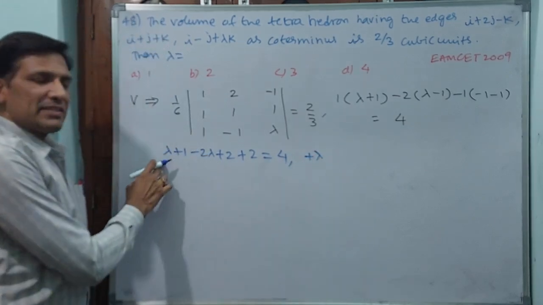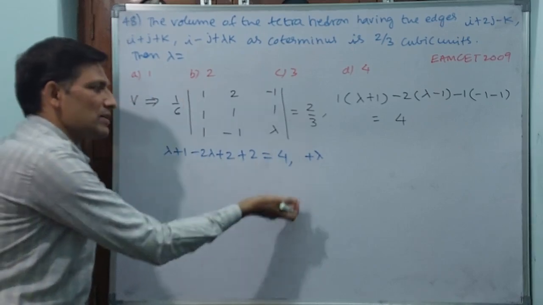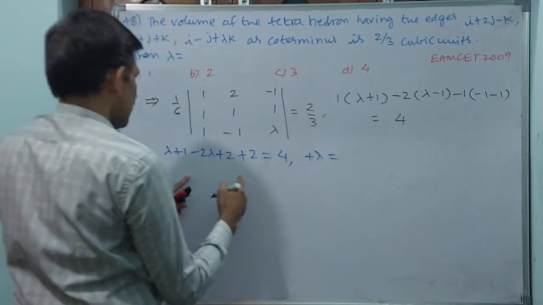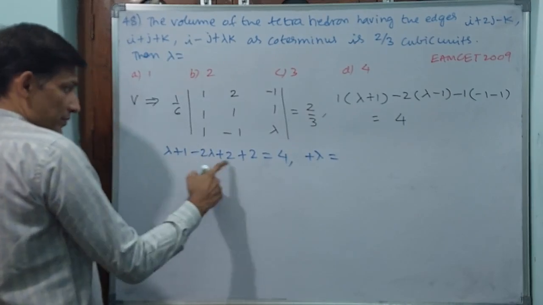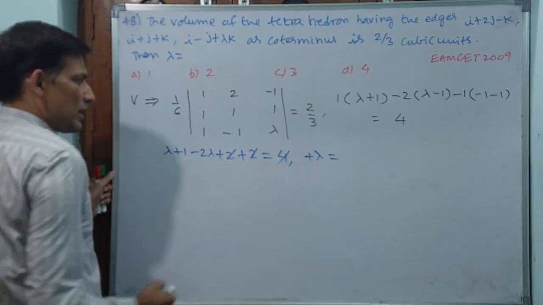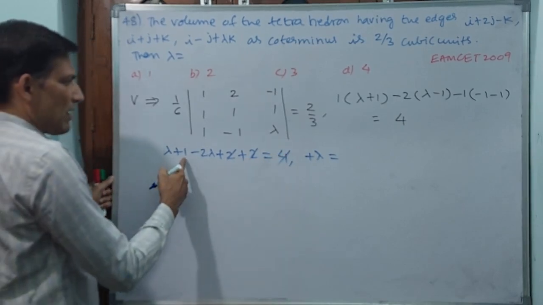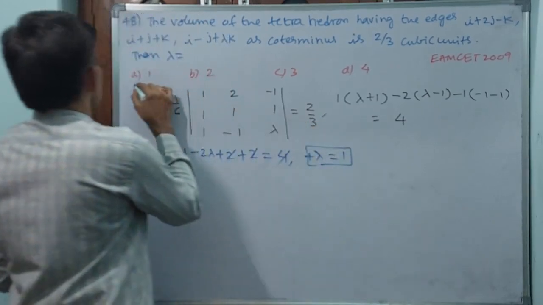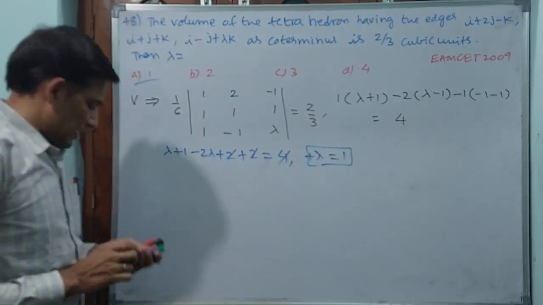Minus 2 lambda plus lambda, minus lambda, if you send that side it is going to become plus lambda. Send 4 this side. See, 2 to 4 already got cancelled like you think. Lambda is equal to 1. This is the answer. Okay.